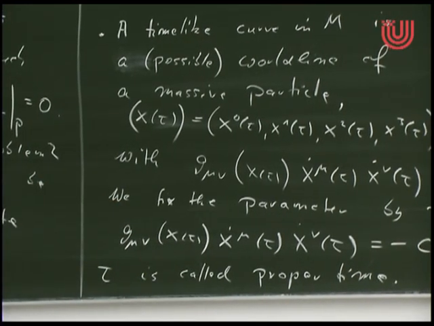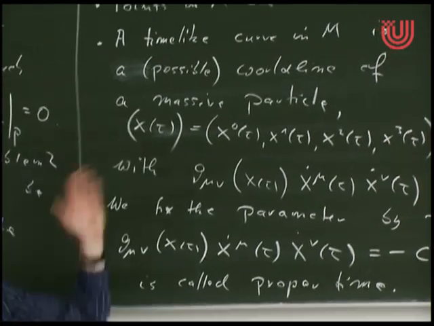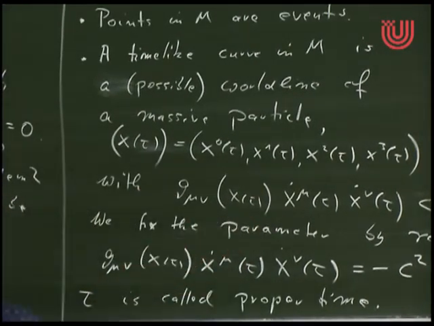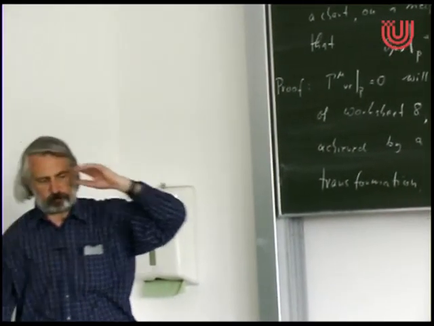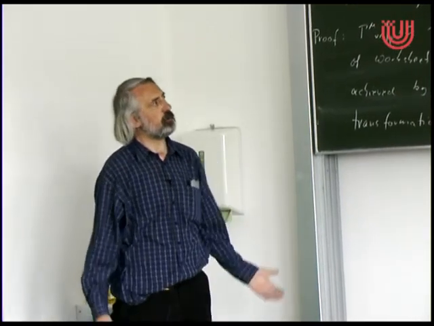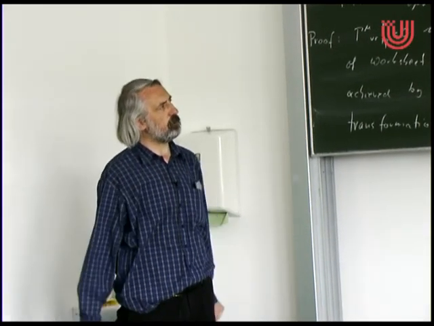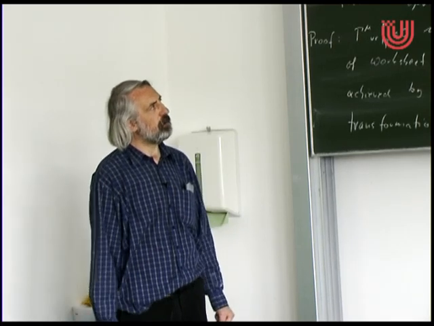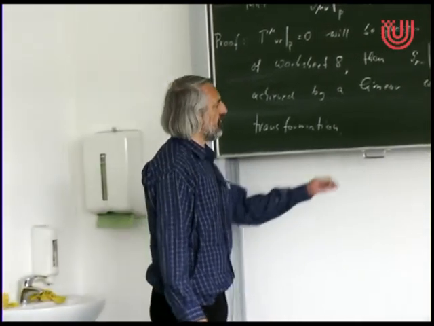Okay, so in special relativity, there were special time-like curves, namely the inertial curves. Particles which move just in straight lines uniformly. These were the inertial motions, which actually established the mathematical structure of the special relativistic space-time. Now on a general relativistic space-time, we don't have anything of this sort.